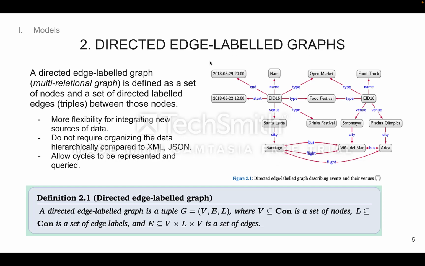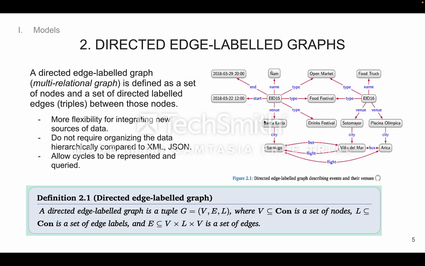For this way of modeling data, it's really easier to integrate new sources of data. It supports more flexibility for integrating new sources of data compared to the relational database, because as you can see here, all of the information is represented by nodes and relationships.